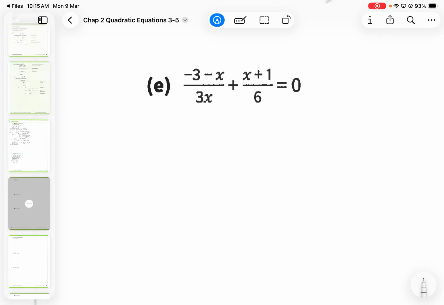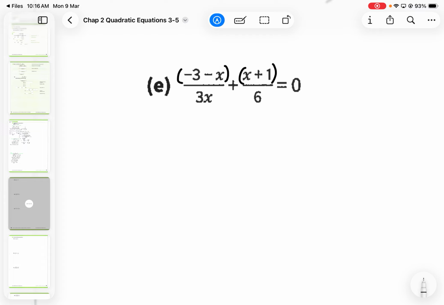So if I want to add these two fractions together, I need to find a common denominator, and also minus 3 minus x, they belong together. I add my bracket. X plus 1 belong together. I add my bracket. Okay? Then fraction plus fraction.